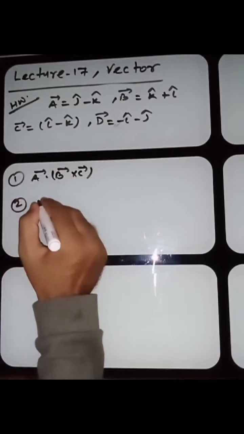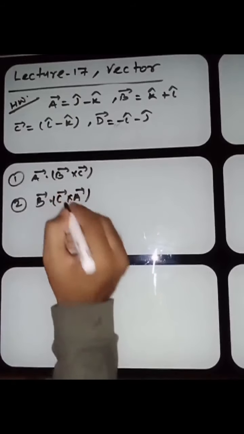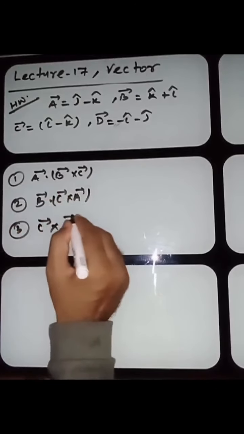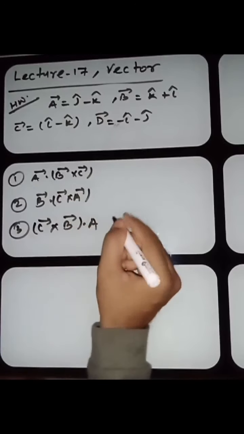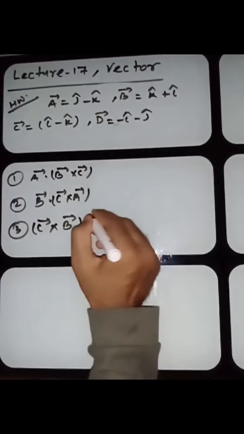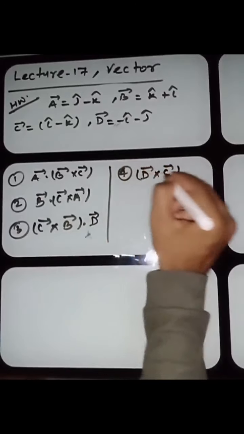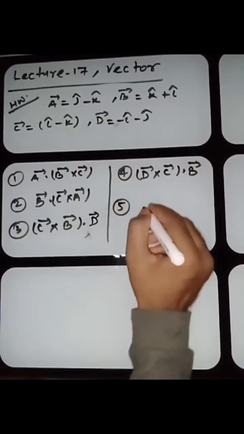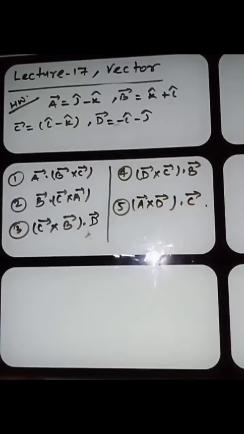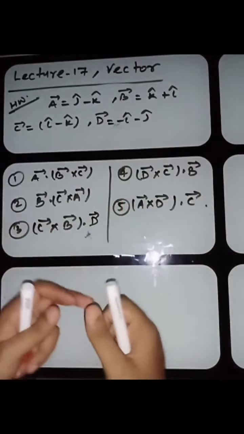The second question, B dot C cross A. Third question, C cross B dot A. Fourth question, D cross C dot B. And the fifth one, A cross D dot C. All right, so these are the 5 questions you have to solve using the determinant method, that is, the questions of scalar triple product for your practice.